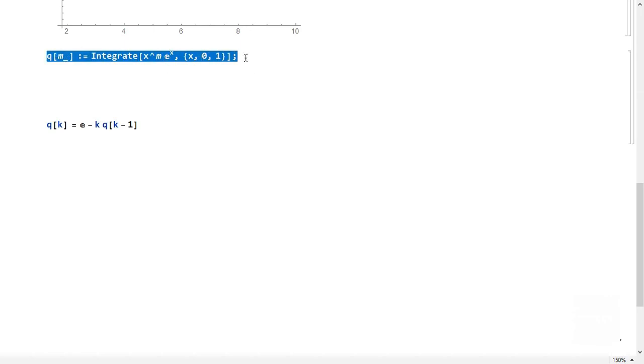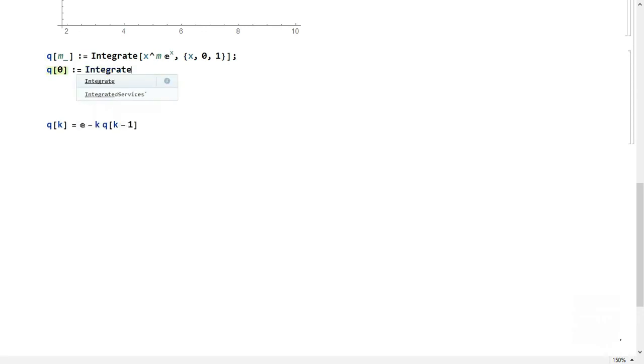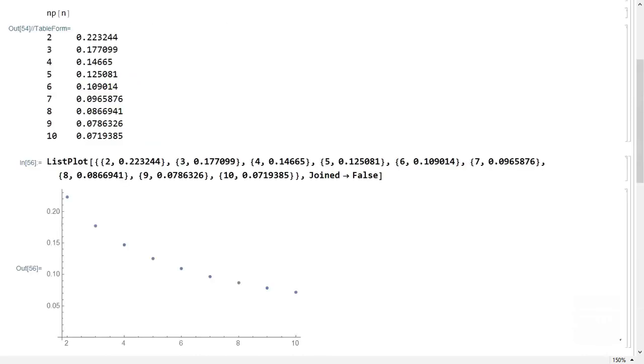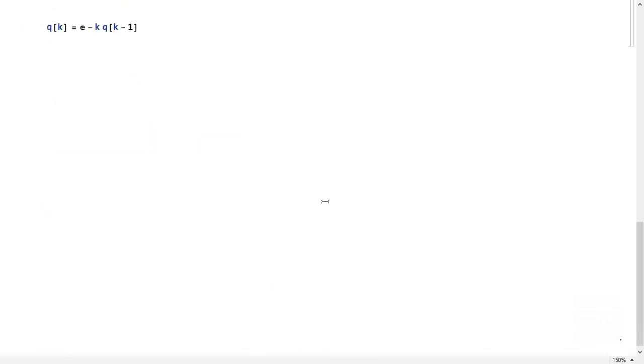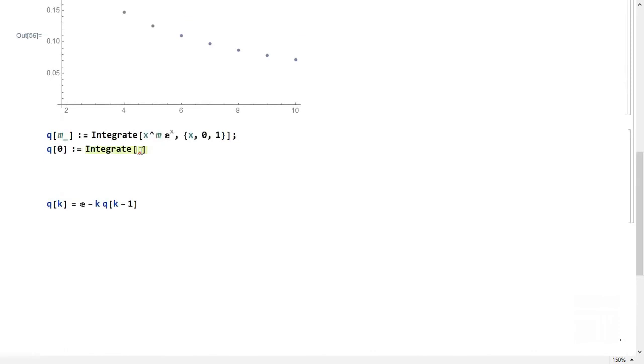So it is also coming from here, but still let's define it: Q of 0 equals Integrate of x to the power 0, which is just 1, so Exp of x, comma x, comma 0, comma 1. Let's not evaluate it right now.